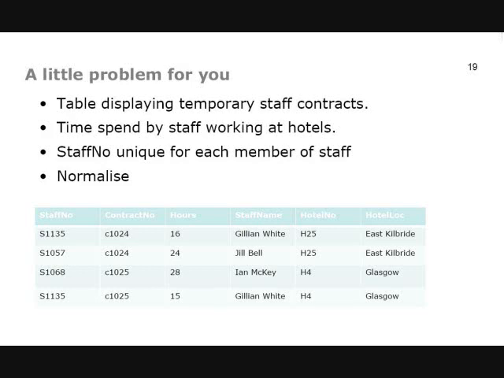What else? Contract number? Yeah. If I know contract number, what do I know? Hotel number, I guess. I know hotel number. So a given contract number is associated with one hotel number.